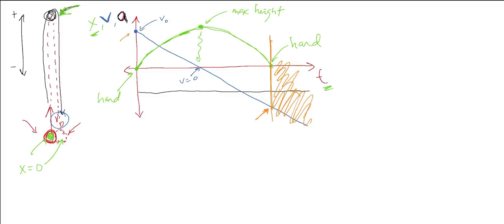And we know that because the amount of time it takes an acceleration like this to take an initial upward velocity and turn it to 0 at the top, and then take that 0 velocity and turn it back into a negative velocity that gets back to the same position, those two periods of time are the same. So it's accelerating for the same period of time, so its velocity is going to change the same amount, and its position is going to change the same amount. And so we should see roughly equal bits of this blue curve above and below the axis, this axis here, okay?